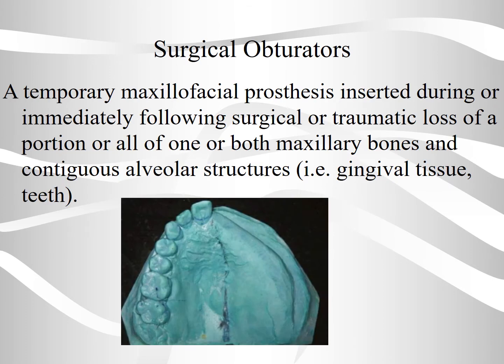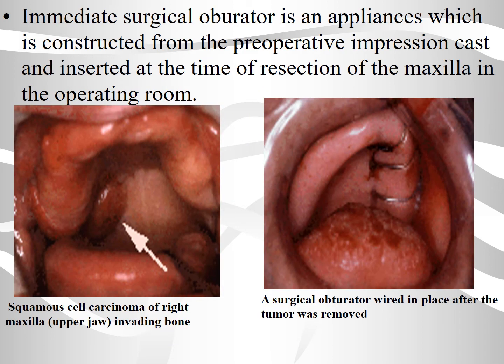Coming to the surgical obturators, this is a temporary maxillofacial prosthesis inserted during or immediately following surgical or traumatic loss of a portion or all of one or both maxillary bones and contiguous alveolar structures. As you can see in the picture below, an immediate surgical obturator is an appliance constructed from the preoperative impression cast and inserted at the time of resection of the maxilla in the operating room.